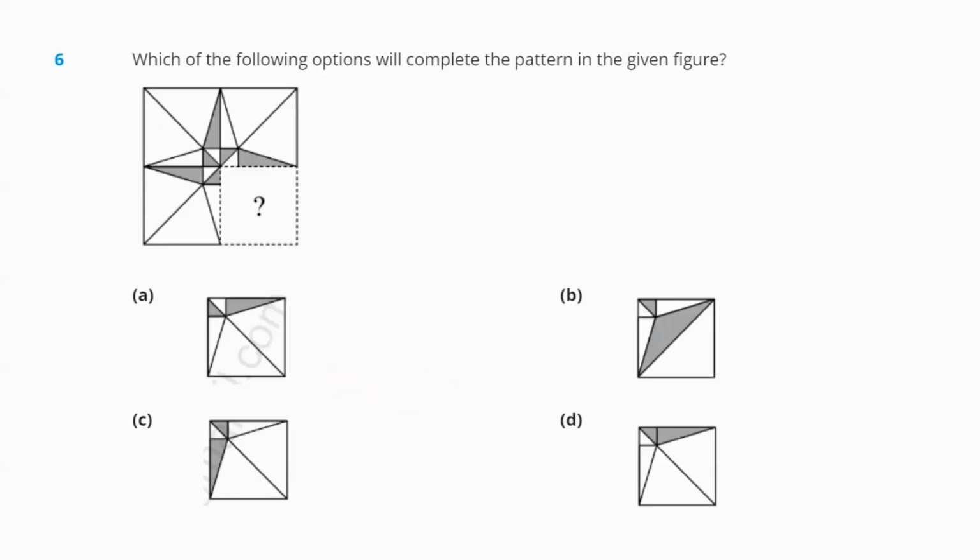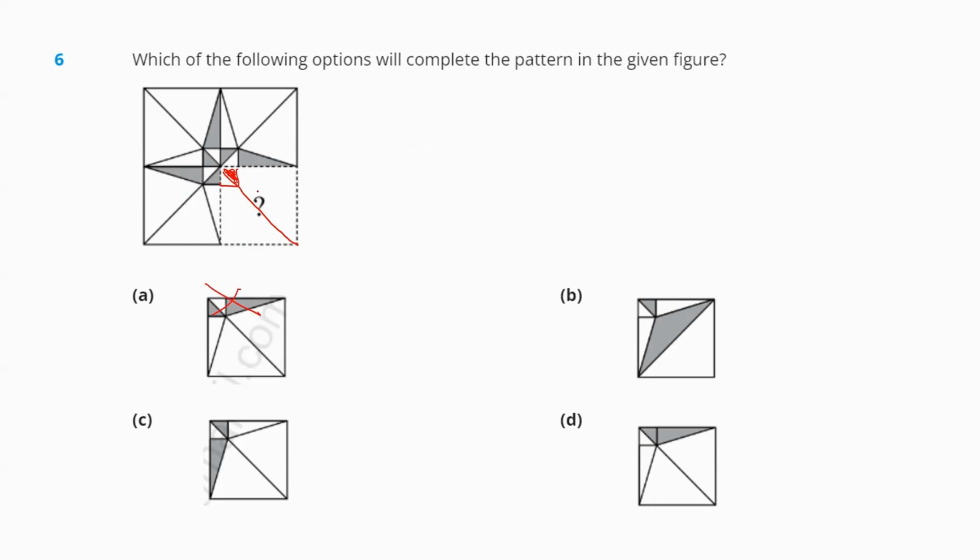Which of the following options will complete the pattern in the given figure? So let's draw here the square. The line goes this way. This part will be a shaded part. So this option got cancelled.